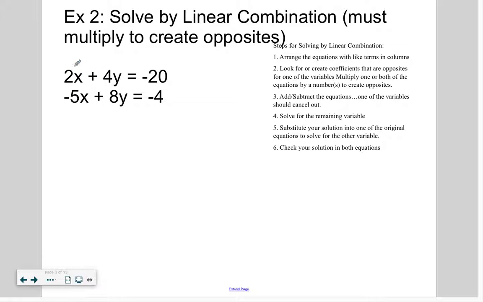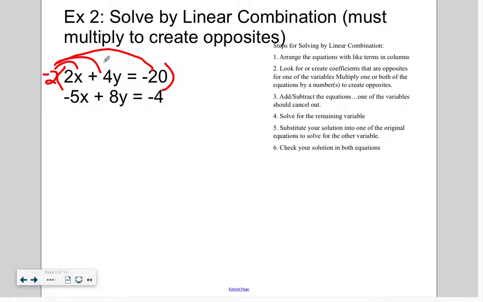We can multiply either or both of the equations by anything we want to. But if I'm going to multiply the top by something, I have to distribute that to every single term in this equation. So the opposite of 8y is negative 8y. So if I multiply this top equation by a negative 2, I'll get a negative 8y up here, which is opposite of that. So I will create opposites now.